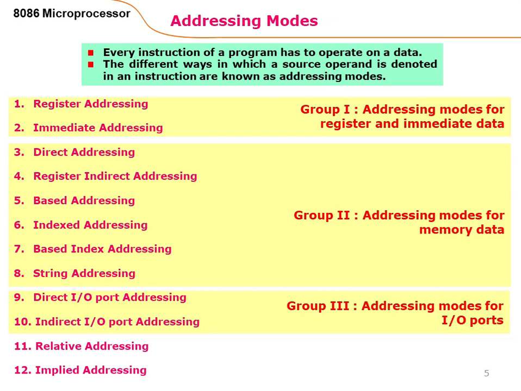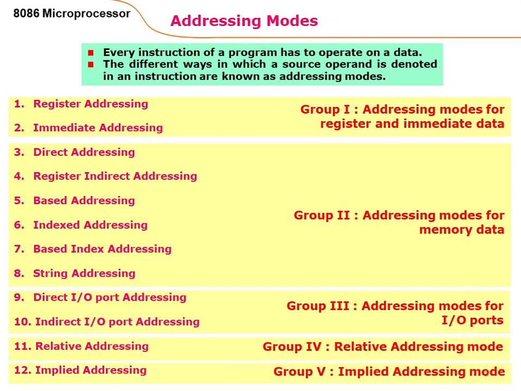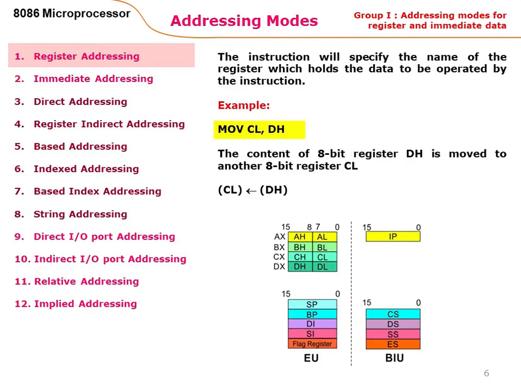We can access the input-output ports through direct input-output port addressing or indirect input-output port addressing. Group 4 is the relative addressing mode, which includes a single addressing mode known as relative addressing. And the last group is the implied addressing mode, which includes a single addressing mode known as implied addressing. Now we'll start discussing these different addressing modes one by one.